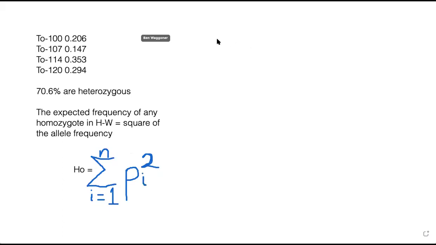So if we sum the squares of all of these, I'm not even going to type all of this, but that is just equal to 0.206 times 0.206 plus 0.147 times 0.147 plus 0.353 times 0.353 plus 0.294 times 0.294.